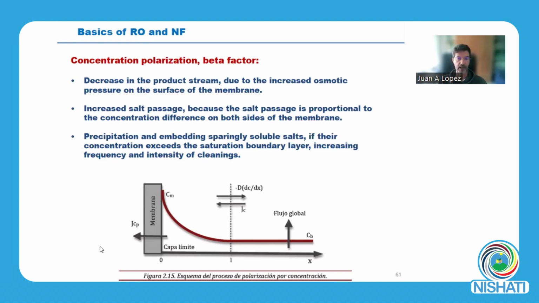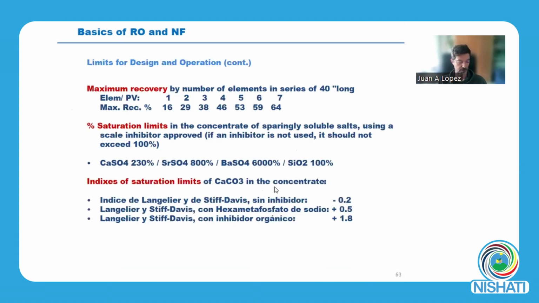So the higher the concentration here, the higher the salt passage on this side of the membrane. And also, if this concentration polarization is very high, maybe there is precipitation of salts onto the membrane, reducing the flux, and increasing the fouling.